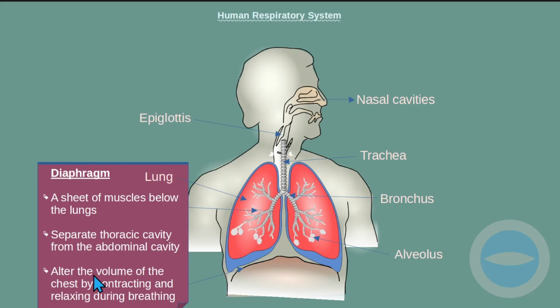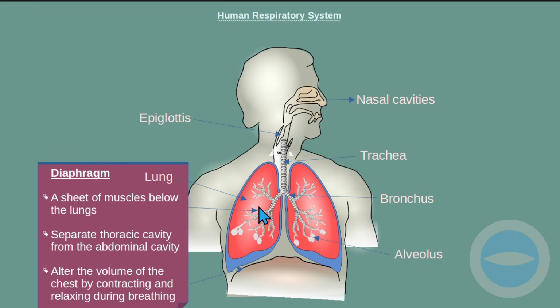And then it alters the volume of the chest by contracting and relaxing during breathing. So the diaphragm together with the rib muscles make sure the volume of this chest cavity does not stay constant. As they contract or relax, the volume of the chest cavity increases and decreases.